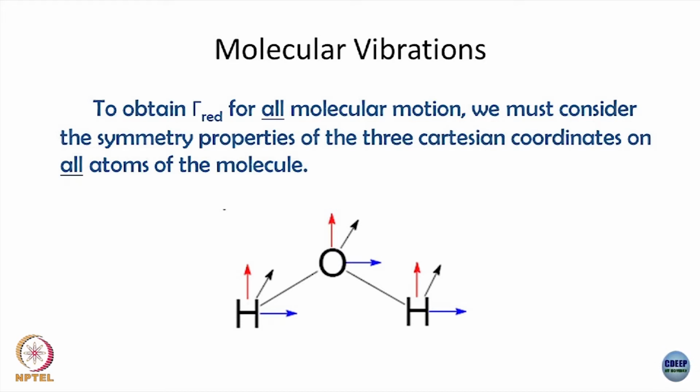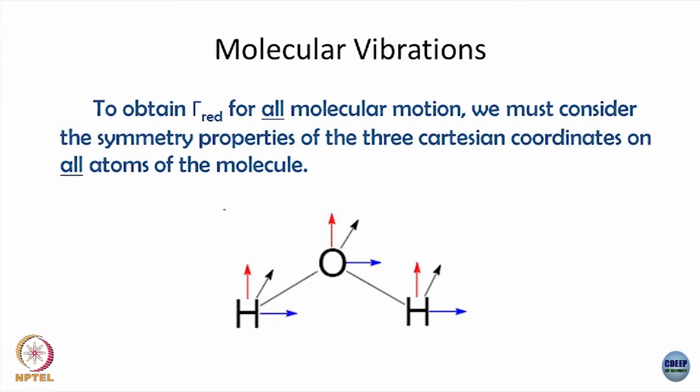Clear? So, all these atoms will have 3 Cartesian coordinates and we need to work out the characters for the reducible representation, which can account for all the molecular motions.